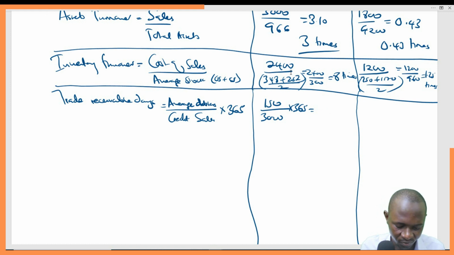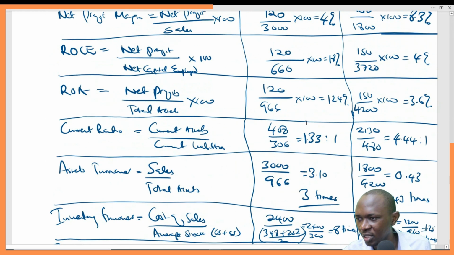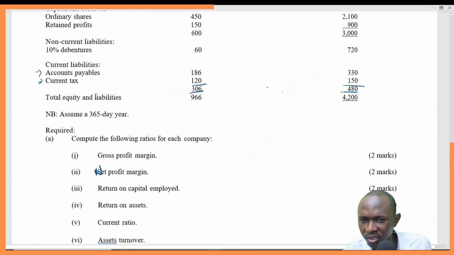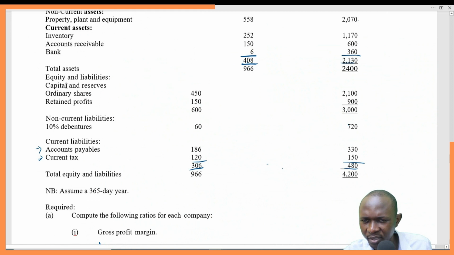So 150 divided by 3,000 gives 0.05, times 365 days. This gives us 18.25 days, so you can simply talk of 18 days. Then the other side will have again the debtors, which is average debtors. We'll just work with the closing debtors.